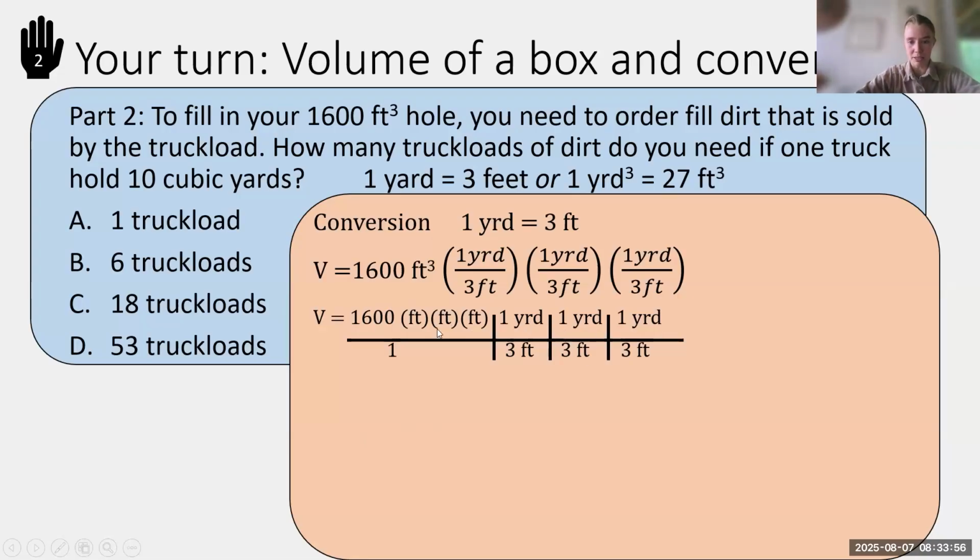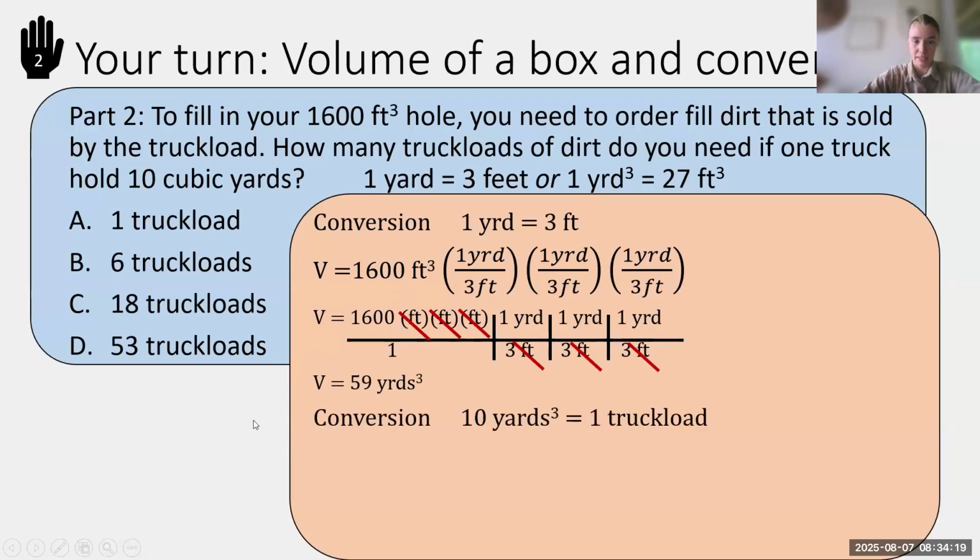But then we're also going to be dividing by these 3 feet multiplied by each other across the bottom. So feet cancel out. We're left with 1,600 divided by 3 times 3 times 3. And that's going to give us an answer of 59 cubic yards for our volume. Okay.